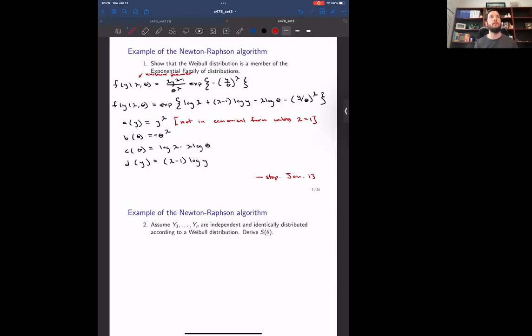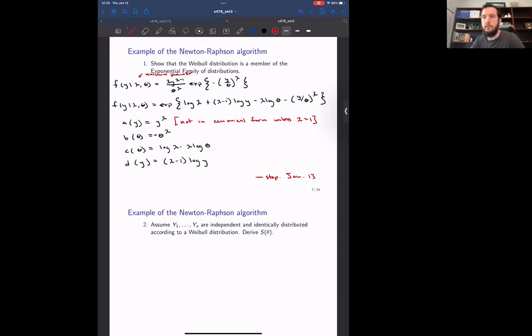Let me just see real quick if Wiki lists the moments. Oh yeah, they have it right here. Then you could just sub in different values.